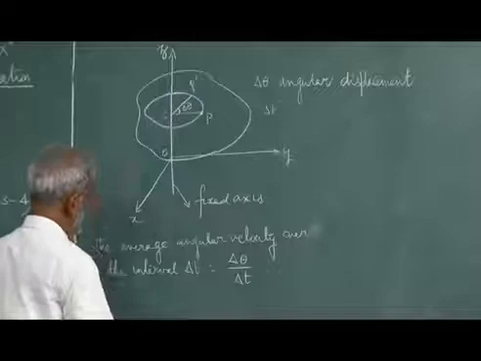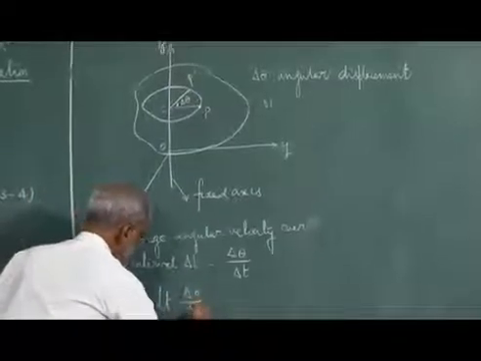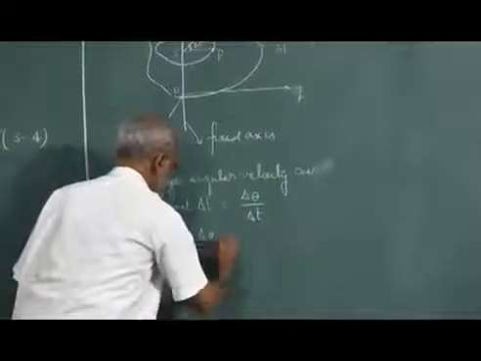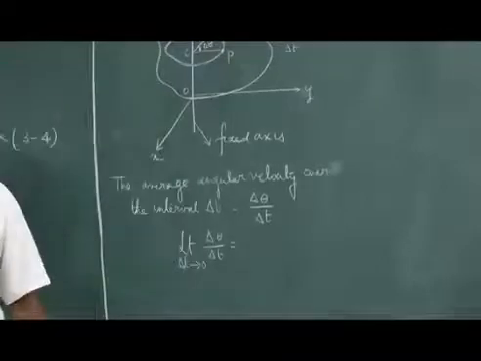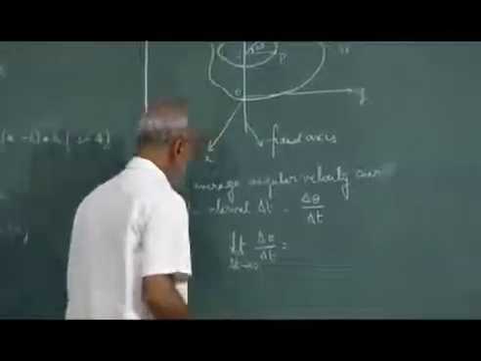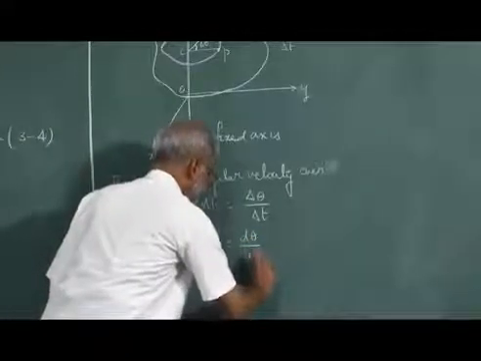Now you take the limit of delta theta by delta t as delta t tends to 0. See, these calculus notions are very essential to understand this kind of problem. This is given by the derivative of theta with respect to time.